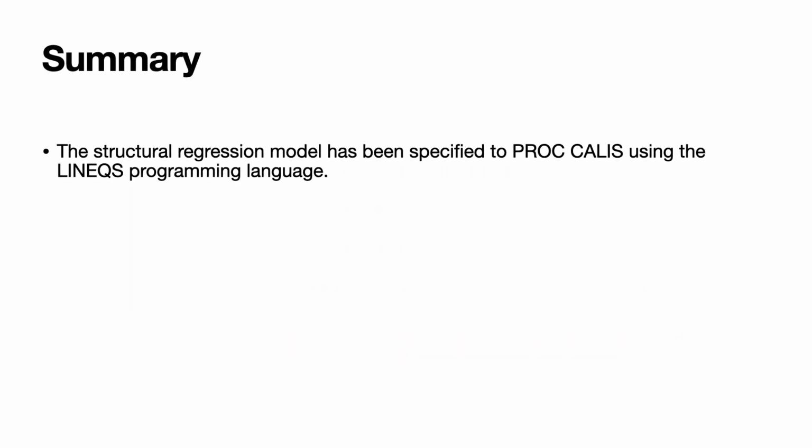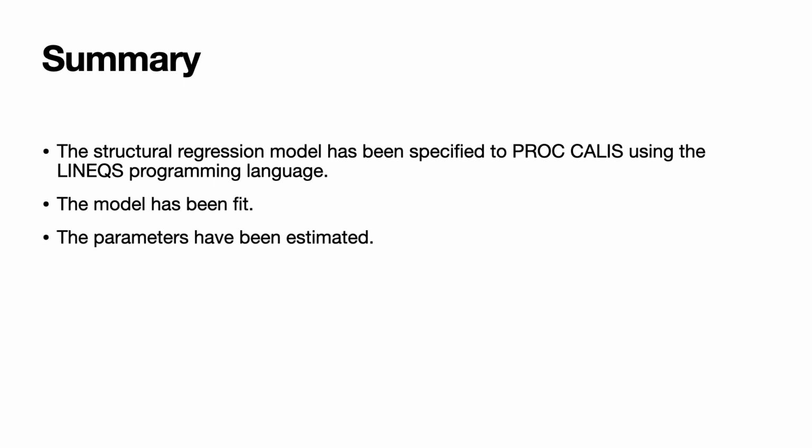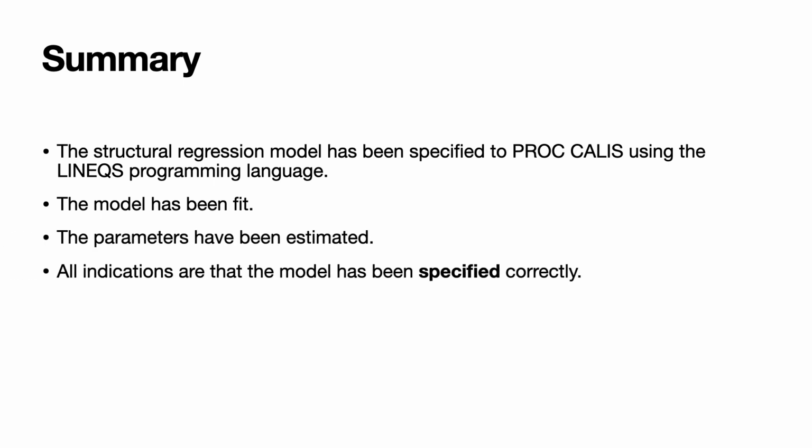Let's summarize what we've done and what we've found out. The structural regression model has been specified to PROC CALIS using the LinEQS programming language. The model has been fit, the parameters have been estimated, and all indications are that the model has been specified correctly.